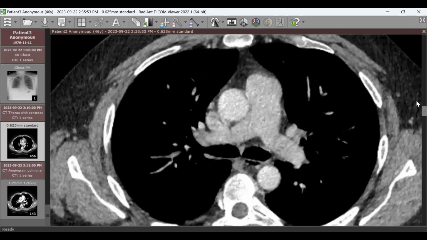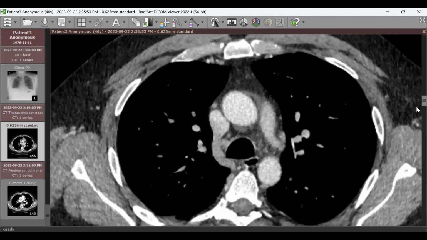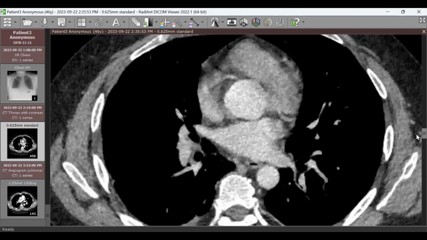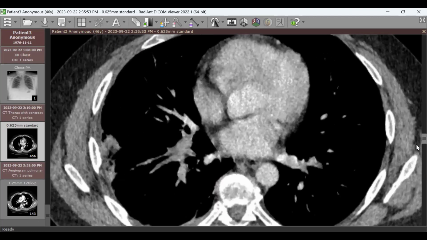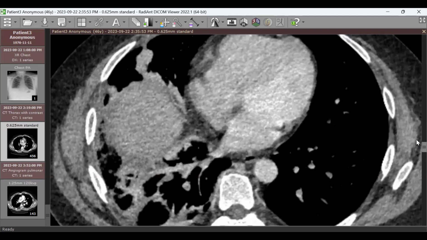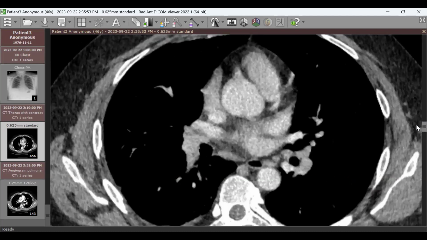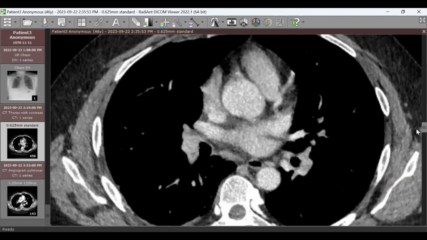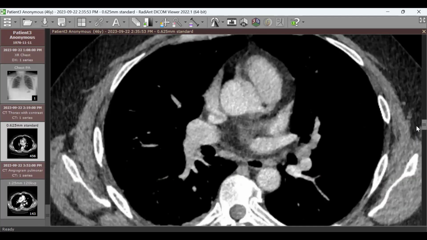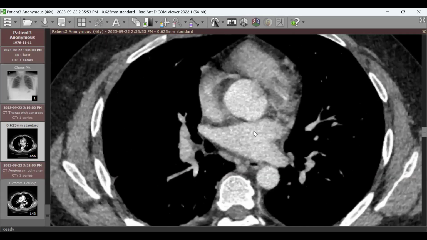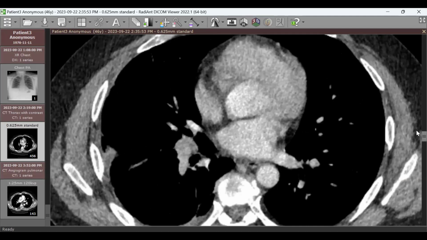Main pulmonary artery. And the right pulmonary vein. Follow them. This is the interlobar artery, and it gives branches to the middle lobe artery and lower lobe artery.